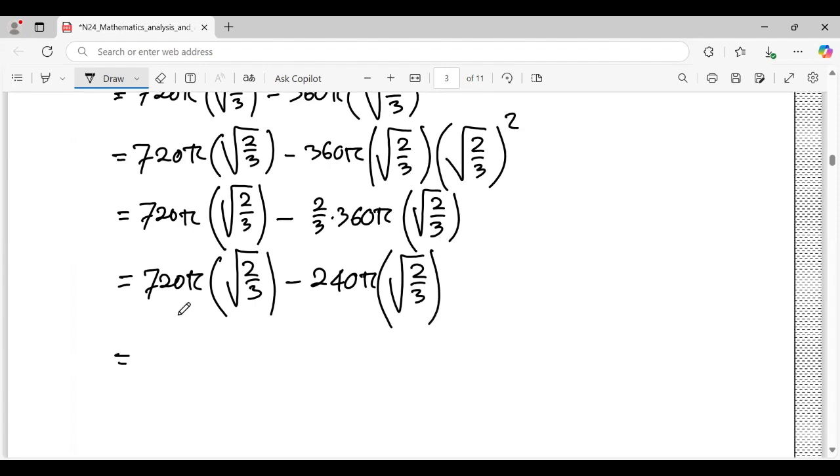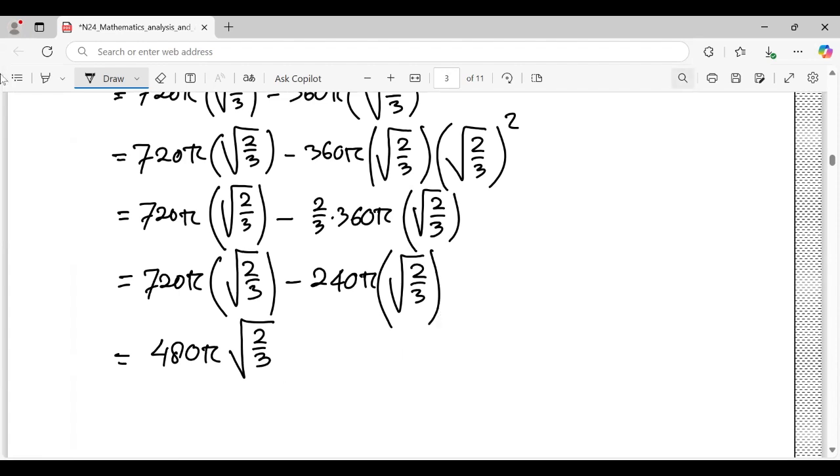Okay. Next, 720 minus 240 is 480 pi square root 2/3.